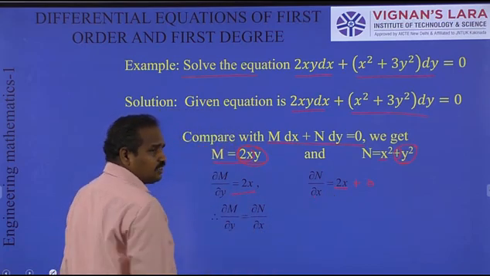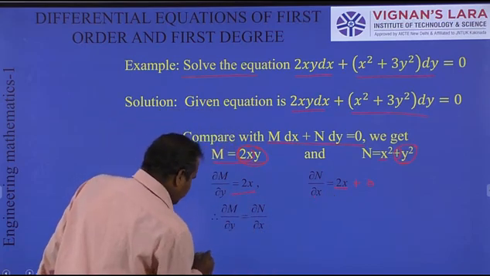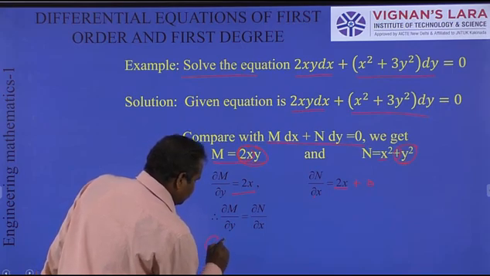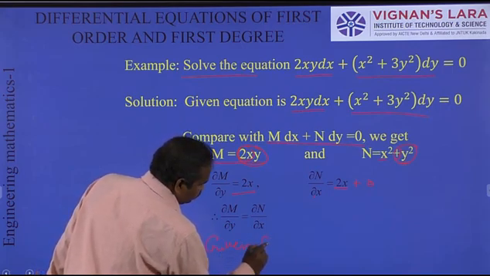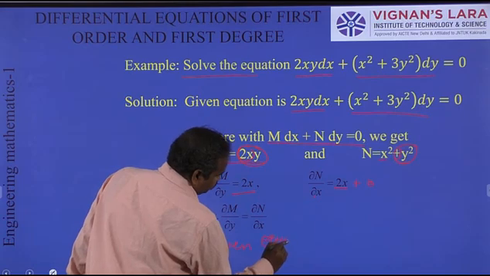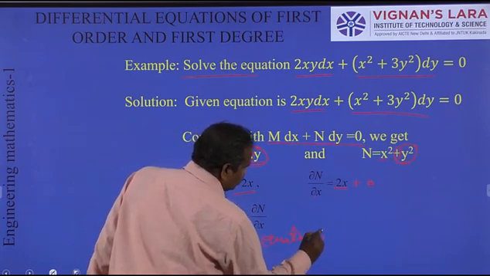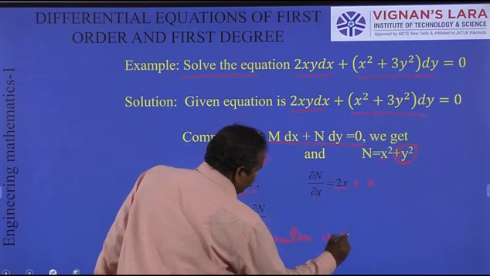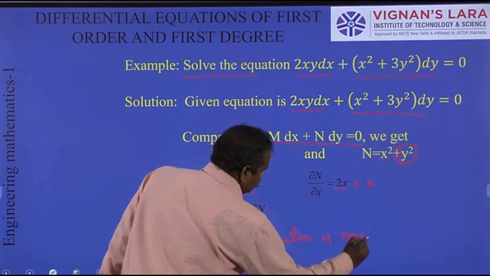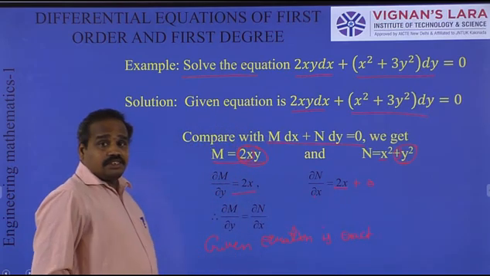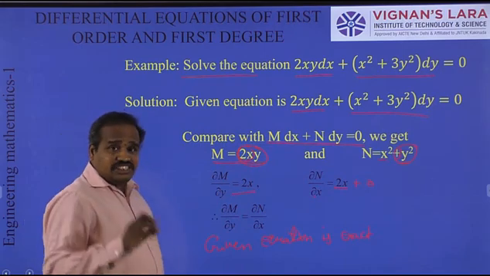That means dou m by dou y is equal dou n by dou x. That means given equation is exact. Given equation is exact. So first step completed.